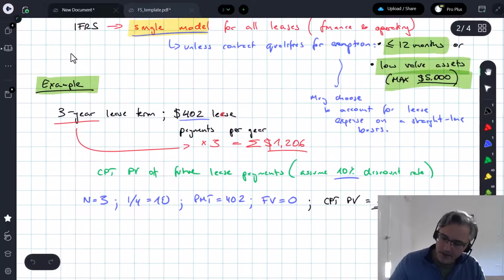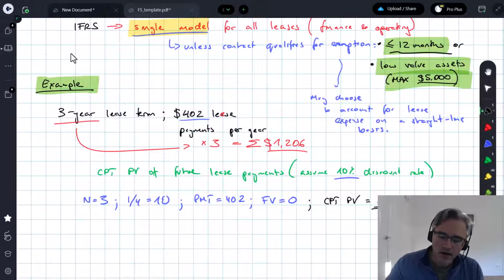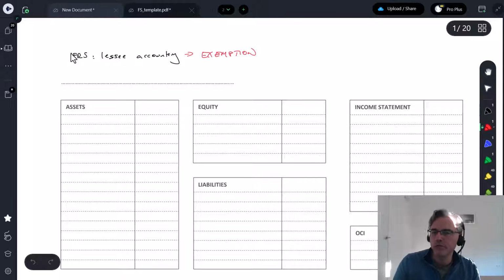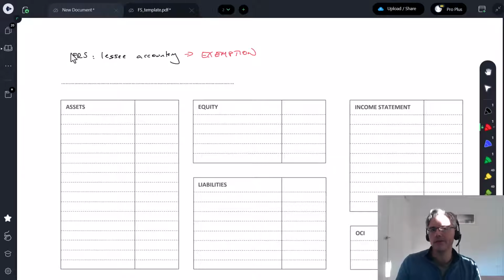If the asset is of a low value, if the agreement is either for a period of less than 12 months, which this one isn't, it's actually for a 3-year period, but also if the value of the asset is less than 5,000, and here I wrote, you know, we make 402 lease, but I don't know what the value of the asset is, but it doesn't really matter. Let's just see what it would look like if we had applied the exemption, if we were able to.